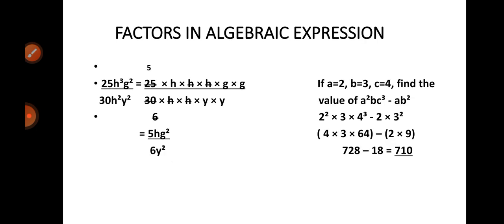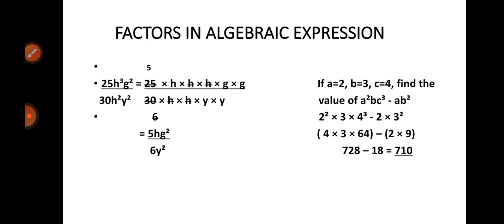Then we talked about factors in algebraic expressions. We have done factors and multiples in the class. So let's see how this will go. The first one says 25h to the power of 3, g to the power of 2, all over 30h squared, y squared.